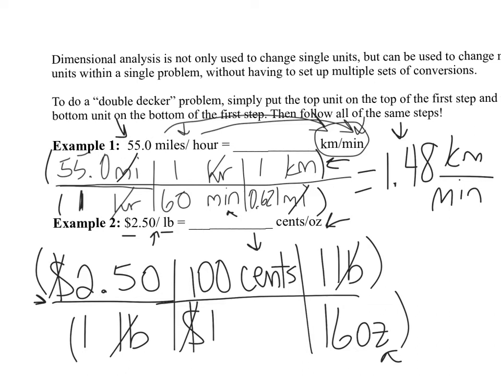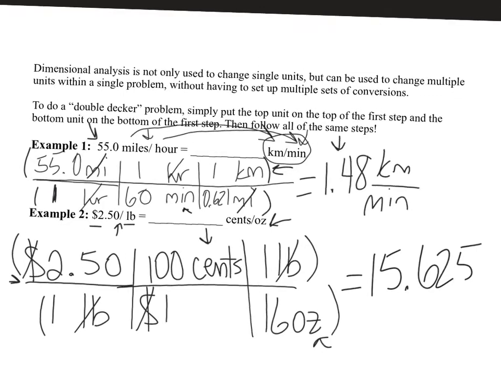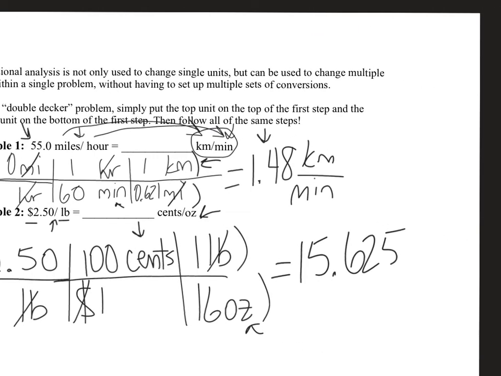So on your calculator, in parentheses, 2.50 times 100 times 1, close parentheses, divided by 1 times 1 times 16, close parentheses, and you should get something in the neighborhood of 15.625 cents per ounce.